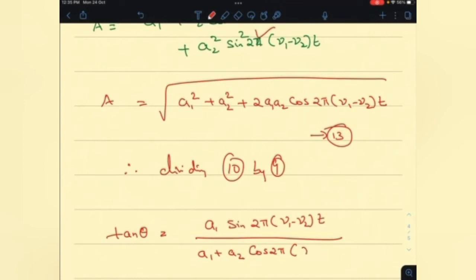And we can see that both the amplitude A and theta are time dependent. See, they are time dependent.